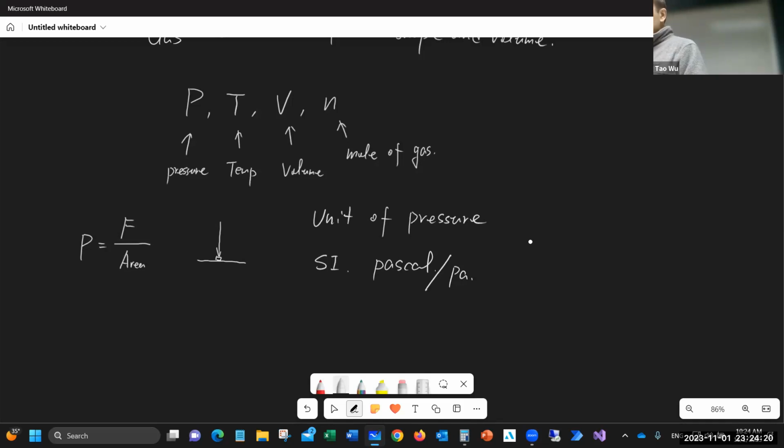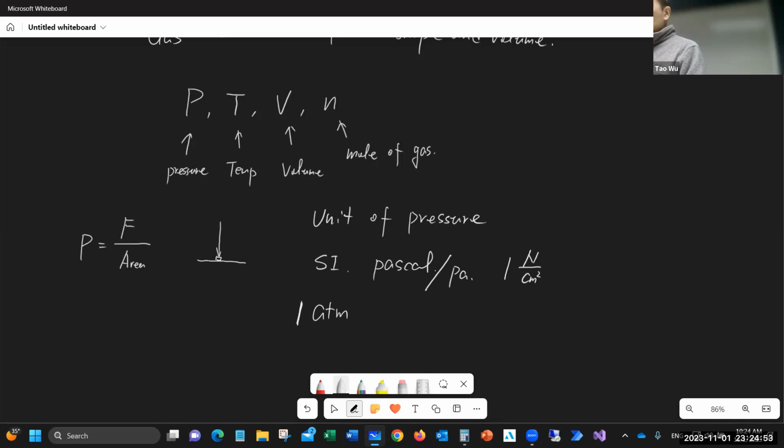The unit of this is a Newton per centimeter square. So that is the unit for Pascal, one Newton per centimeter square. But this unit is really, really small. We're not going to use this unit in chemistry. Most of the cases we're using atmosphere, ATM.